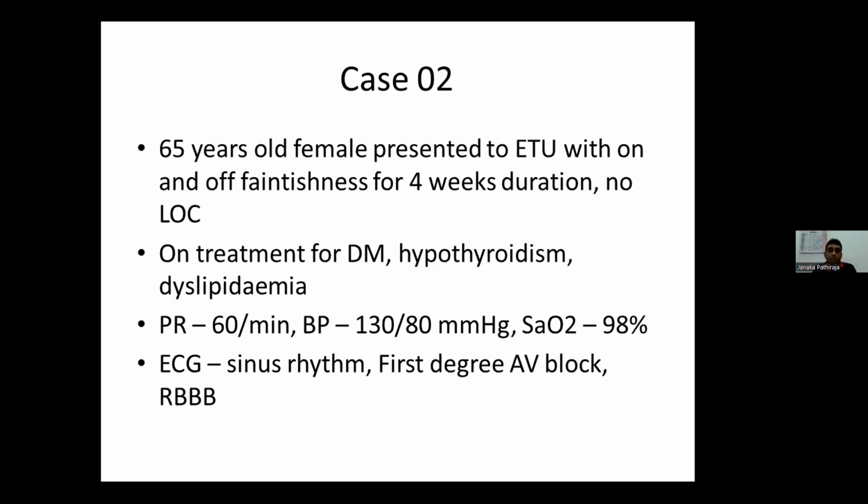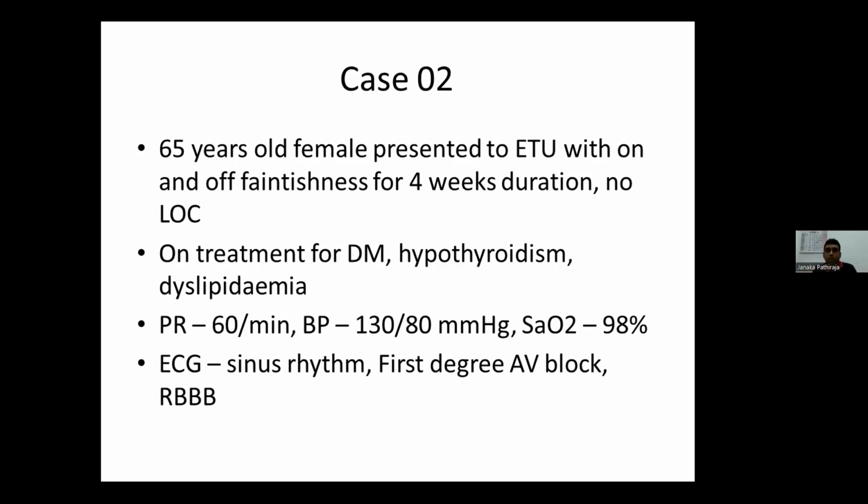This is case 2. A 65-year-old female presented with on and off faintishness for 4 weeks duration. No loss of consciousness. She is on treatment for diabetes mellitus, hypothyroidism and dyslipidemia. Pulse rate is 60, blood pressure is 130/80, saturation is normal.